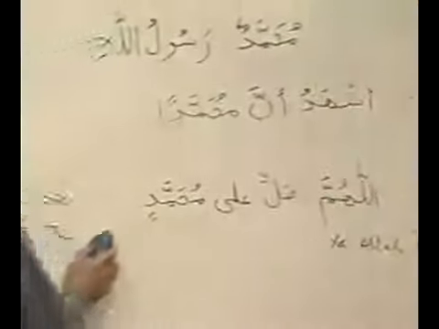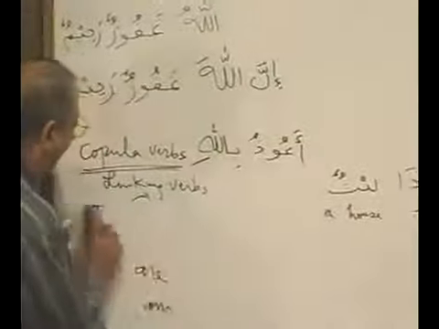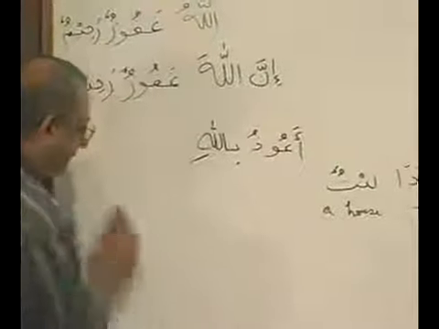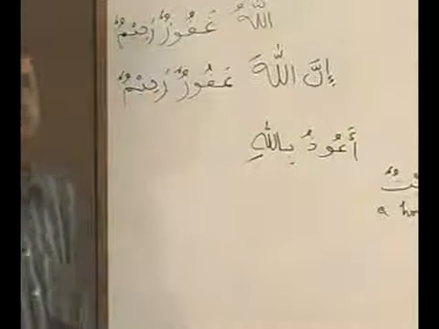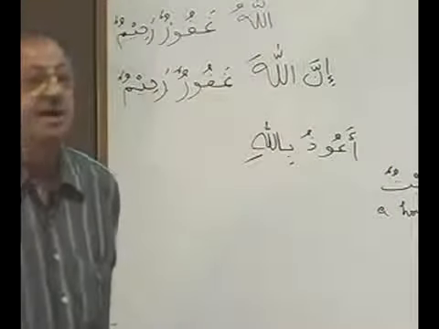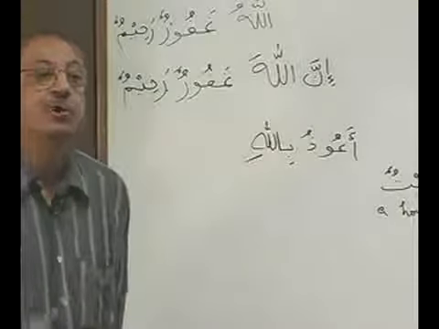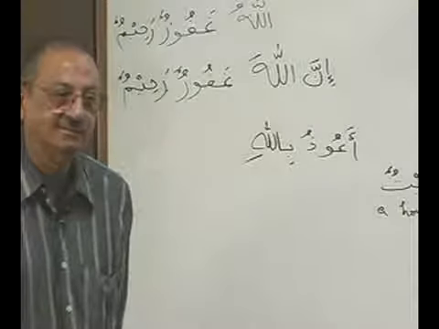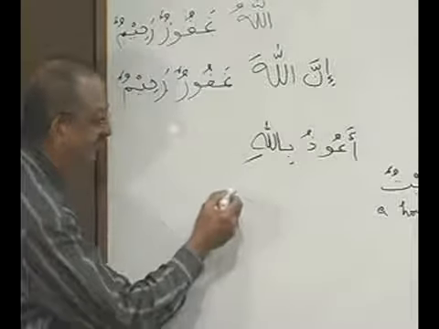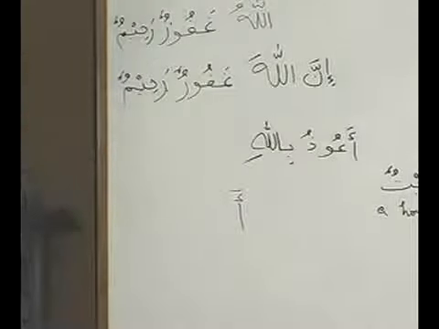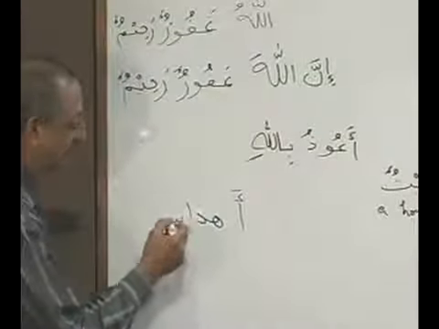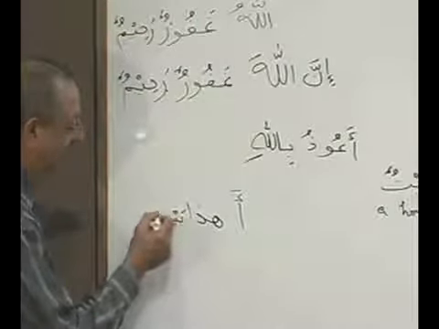Okay, brother. Now, Hadha baytun is a statement. This is a house. How do I change that into a question? By just putting Hamza. What will you say now? Ahadha baitun.